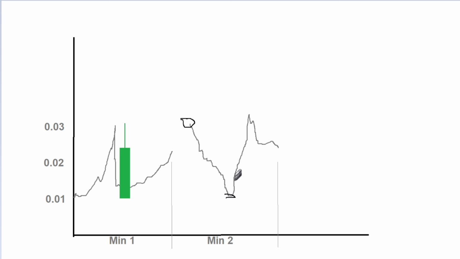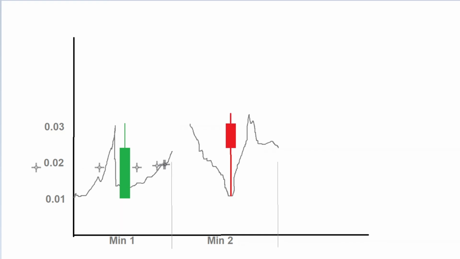Then it starts to climb up again, goes up even higher than this part, and then drops and ends up over here. So we have some conditions here. We have a close that is lower than the open, a high that is higher than the open, and a low that is lower than the close. How would we describe that with a candle?